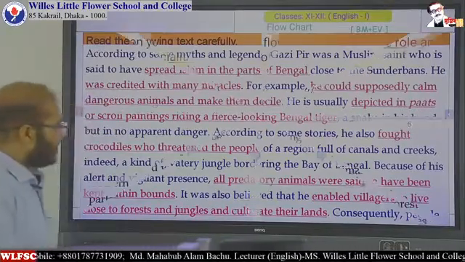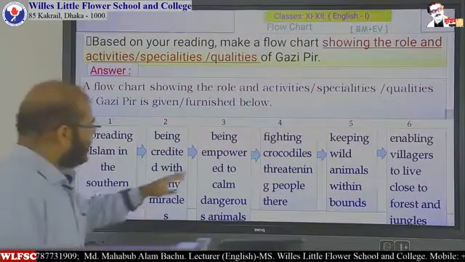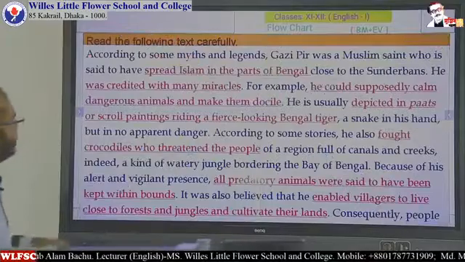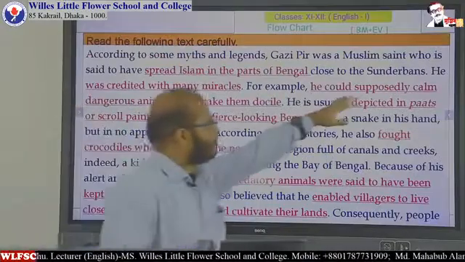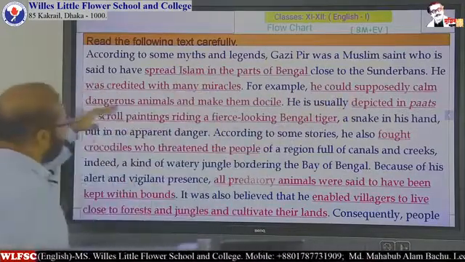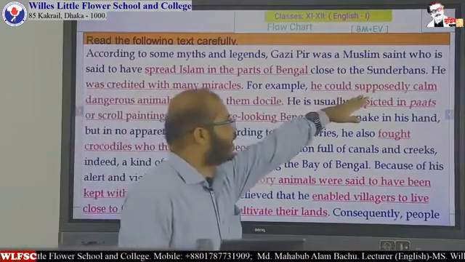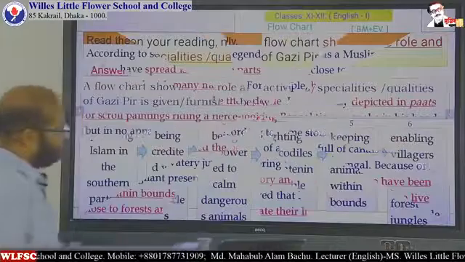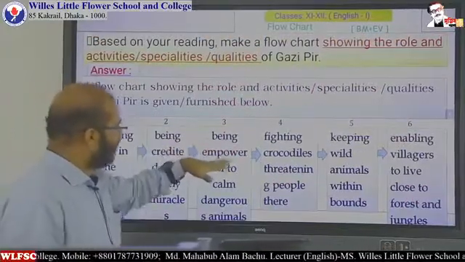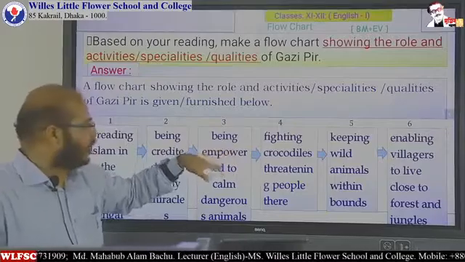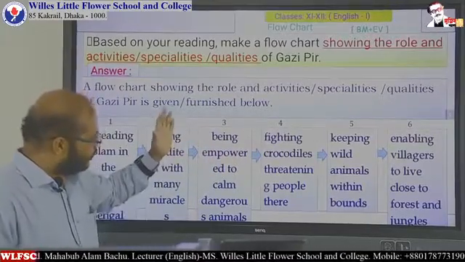So go to the next one, being empowered to calm dangerous animals. Look at the main text: he could supposedly calm dangerous animals and make them docile. So you can change this portion and write being empowered. You can take this word according to your wish, following the meaning.